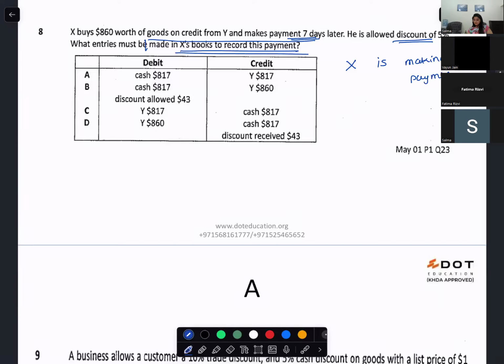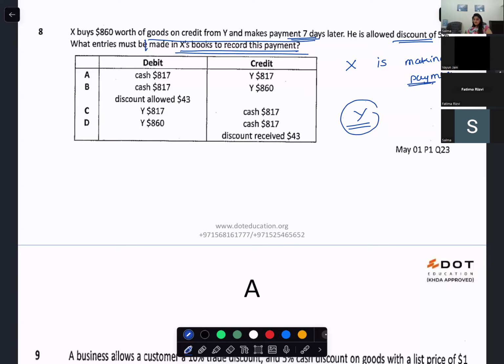He's making payment to Y. So what is the entry that he will pass?